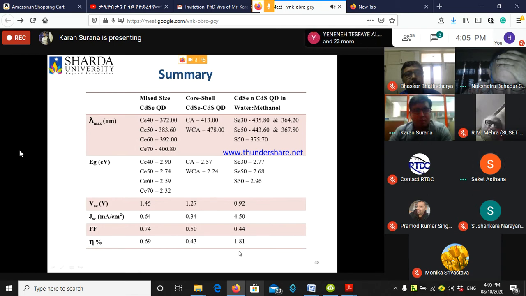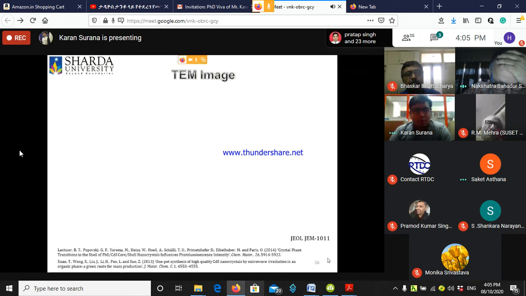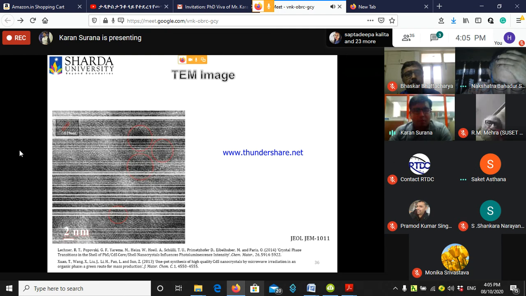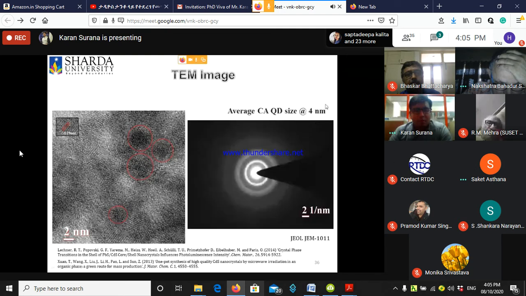Roughly, you don't have to tell exactly. For the core shell quantum dots, the size obtained was 4 nanometers, and with XRD the size was 3 nanometers. A 1.5 nanometer difference was there between the crystallite size and the particle size.